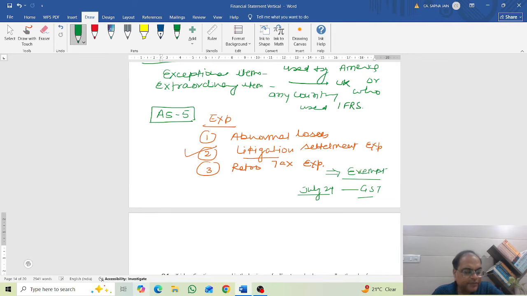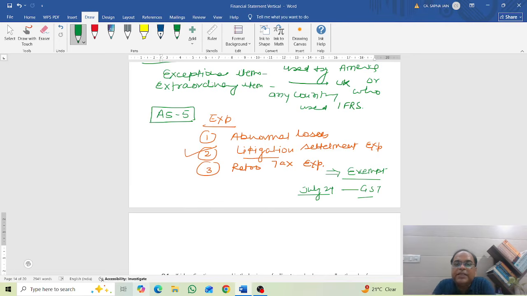Last year, when you took admission, at the time of admission in the year 24-25, the GST was exempt on the hostel and PG. But on 24 July 2024, the government imposed GST on hostel and PG.